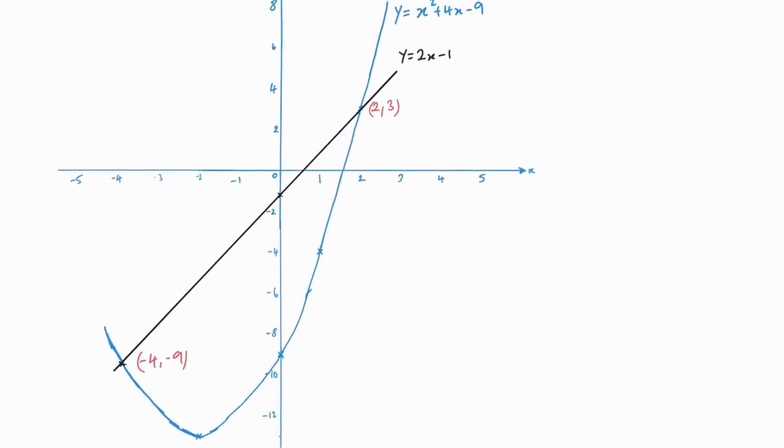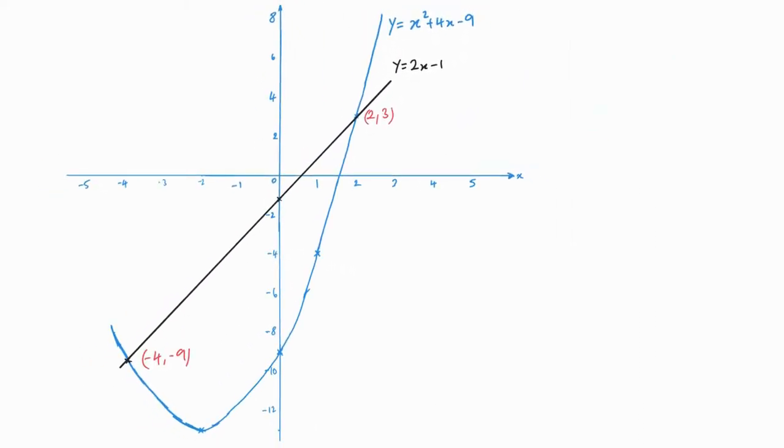Now with your graphs, your accuracy on your graph will directly translate to the accuracy of your answers. With an x squared graph, it's obviously a lot harder to draw that accurately, especially on the curved parts. So often, even if you did draw these, you can get a rough idea, but you would prefer to solve it algebraically to get the exact answer.